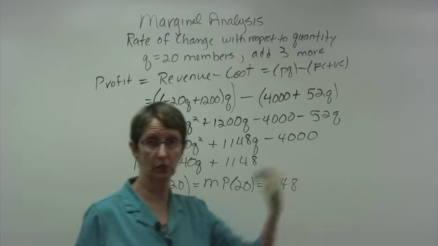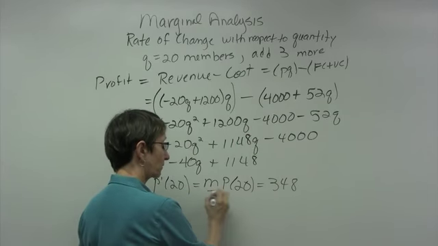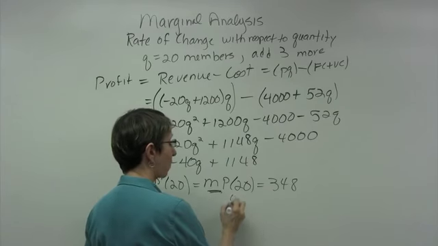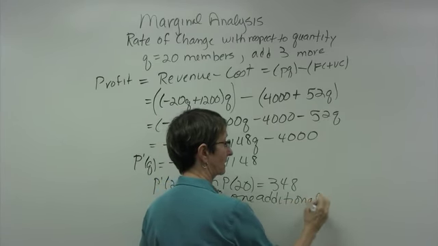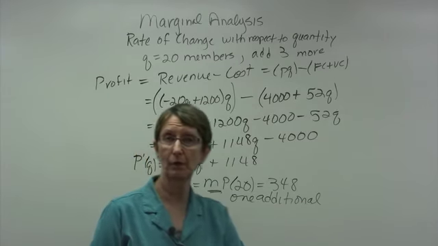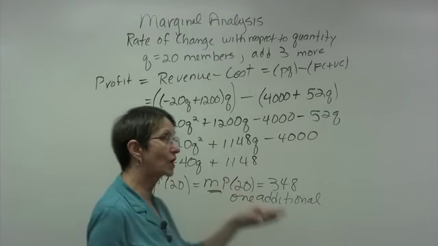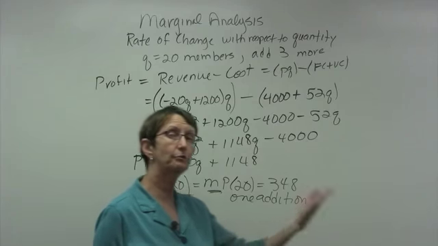That's for one additional member. Marginal profit, remember the marginal means one additional member, one additional unit of our quantity. But I want to get 3 new members. I want to find out how profit is changing if I get 3 new members.